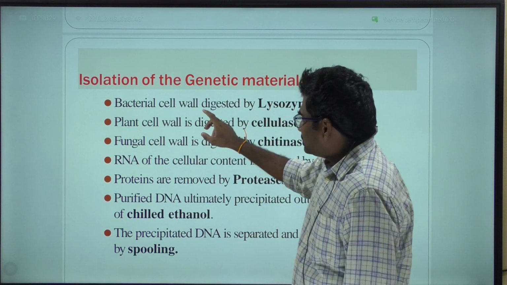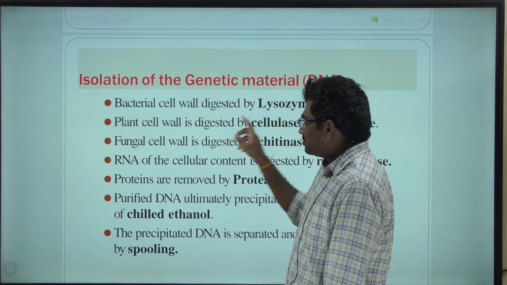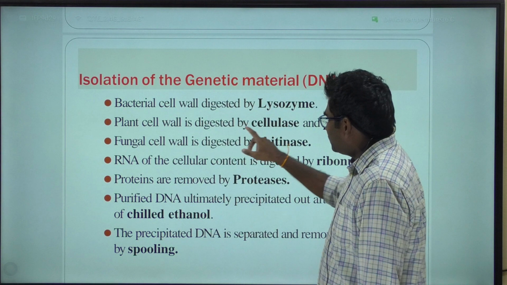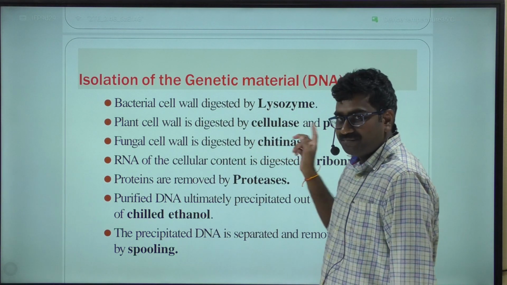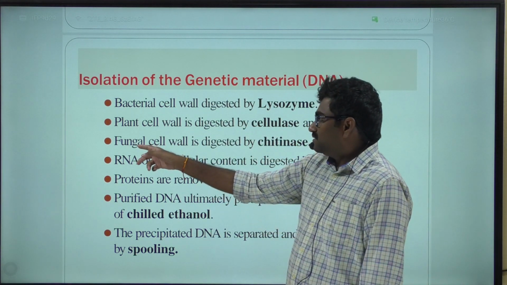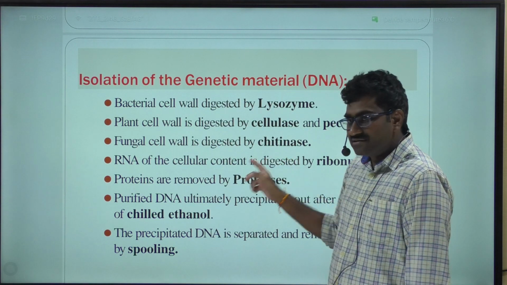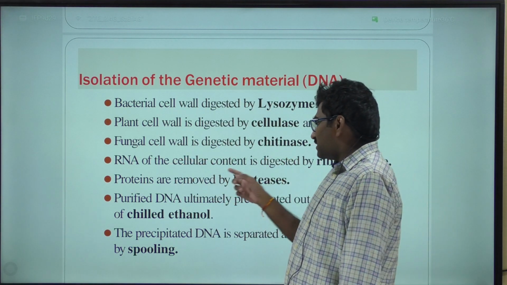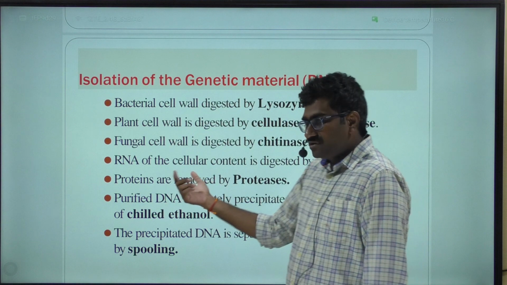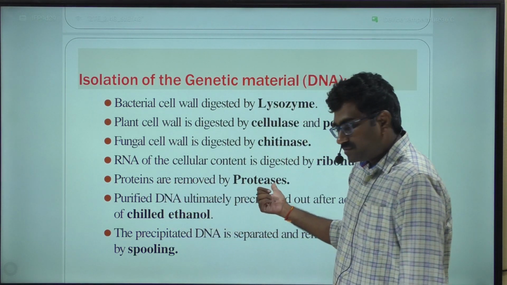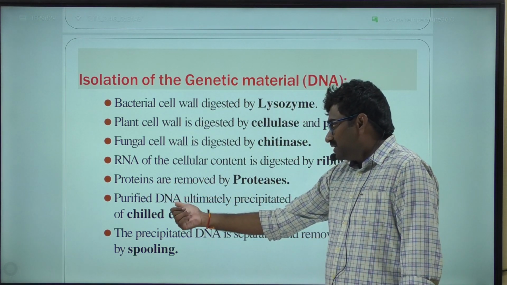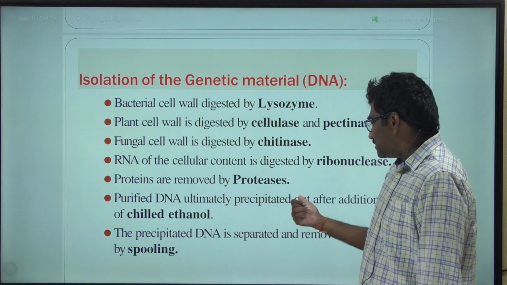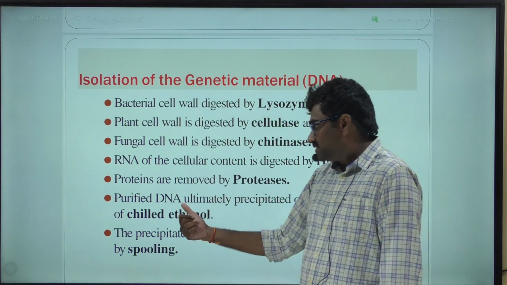So here the bacterial cell wall is digested by the enzyme lysozyme, the plant cell wall is digested by cellulase and pectinase, and the fungal cell wall is digested by chitinase. RNA of the cellular content is digested by ribonuclease, and proteins are removed by proteases, and purified DNA is ultimately precipitated out after addition of chilled ethanol.